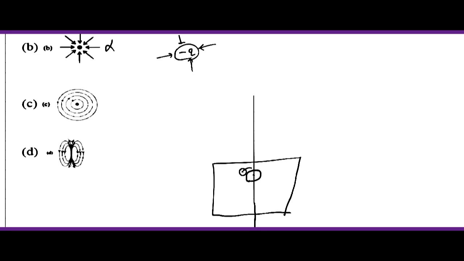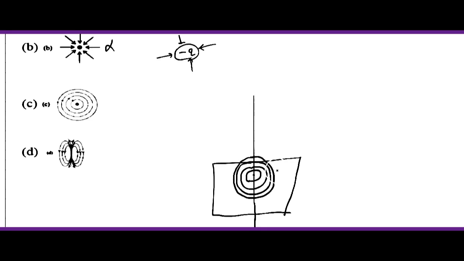They form closed loop lines, and they will not intersect each other. So this is formed by a current carrying wire placed in the plane of the paper.